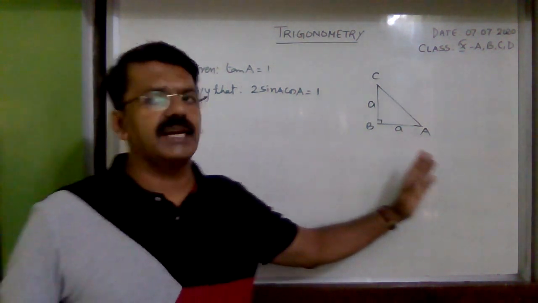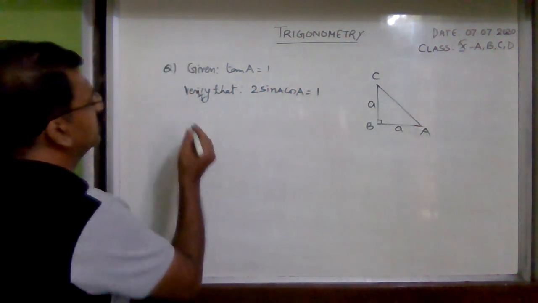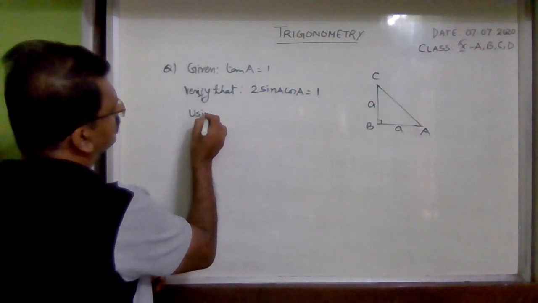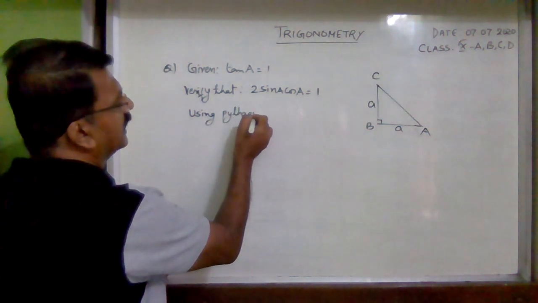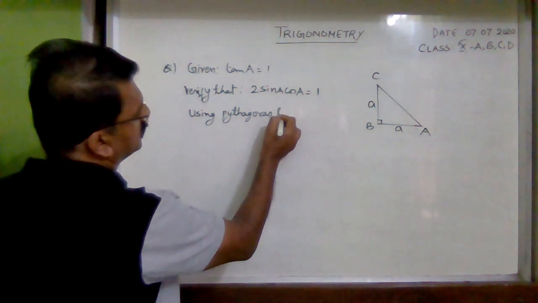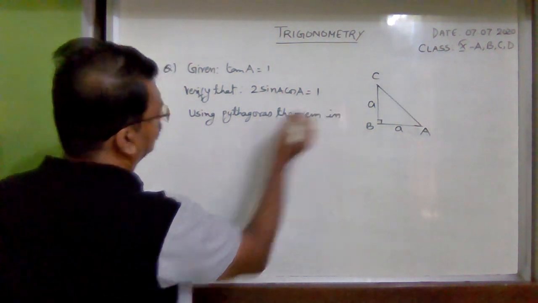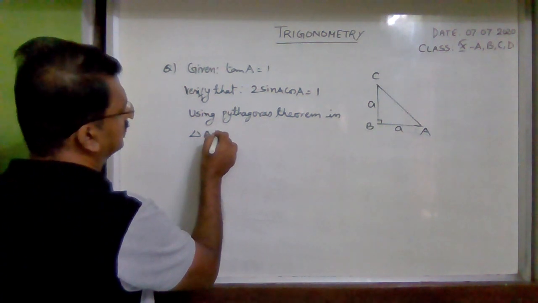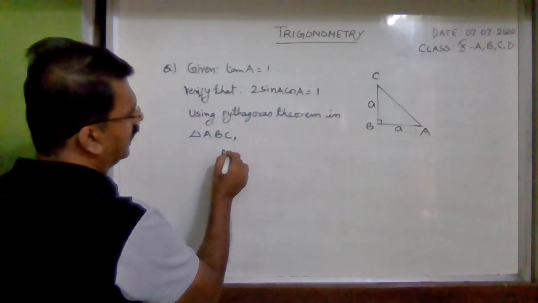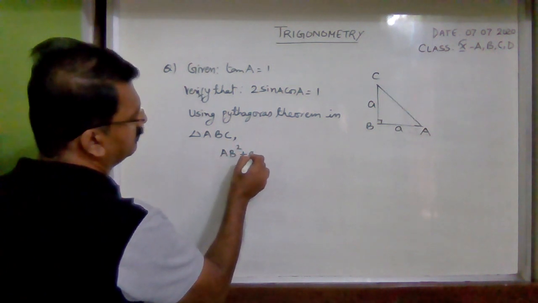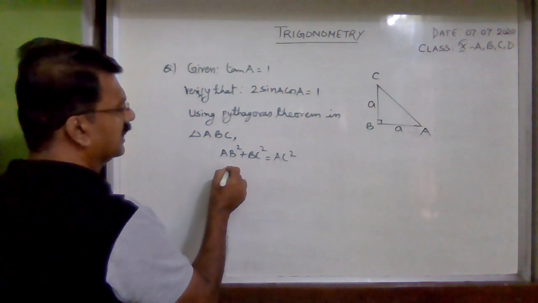So using Pythagoras theorem in triangle ABC, we will find AC. AB square plus BC square is equal to AC square.